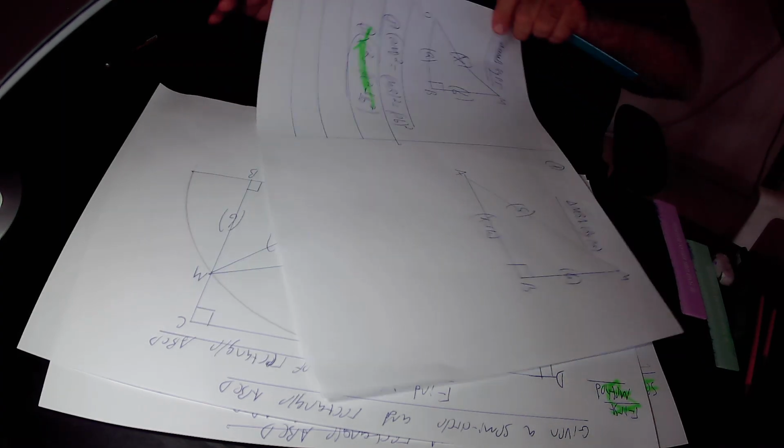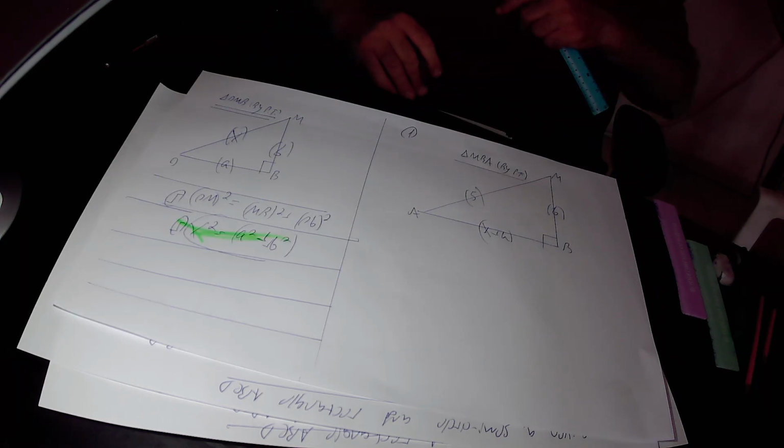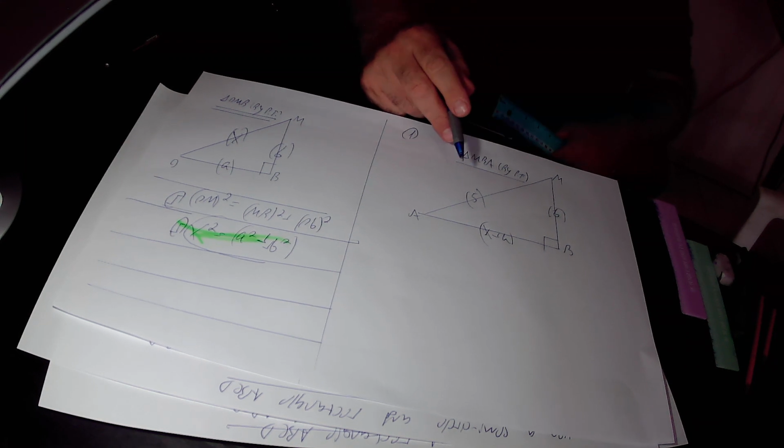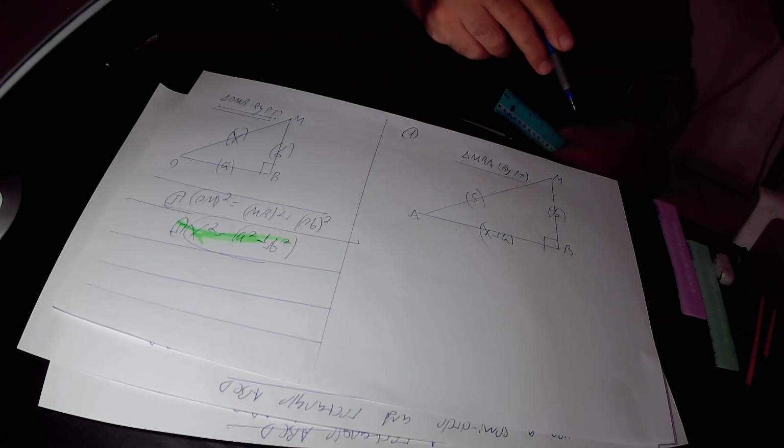So actually, this is the right triangle MBA that I call it from the original drawing. According to the Pythagoras theorem, in this right triangle MBA, MA square, that is the square of the hypotenuse, equals MB square plus BA square.